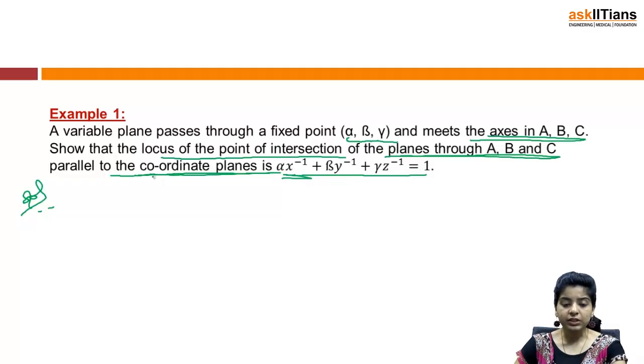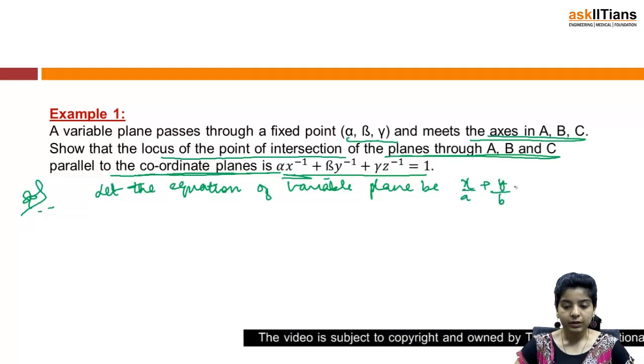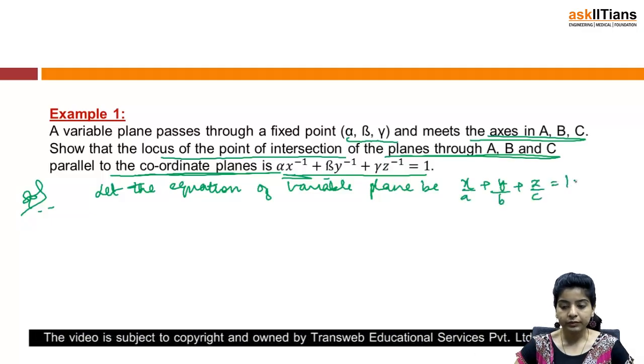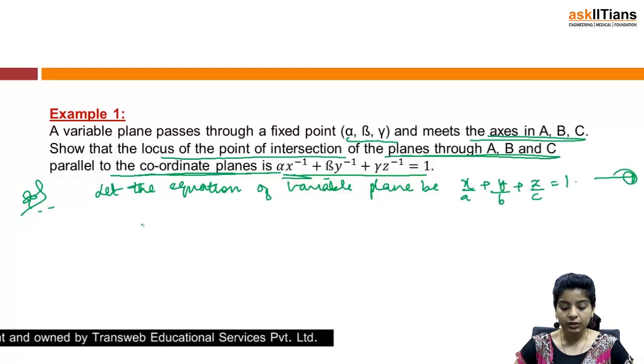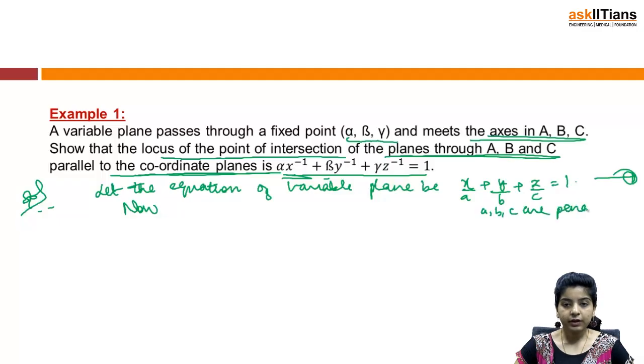So what we'll do in this is, first of all, let the equation of the variable plane be x by a plus y by b plus z by c is 1. And this is my first equation. Now here obviously a, b, c are parameters, right?